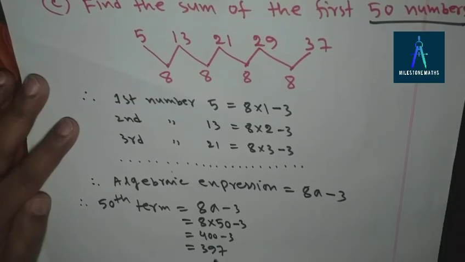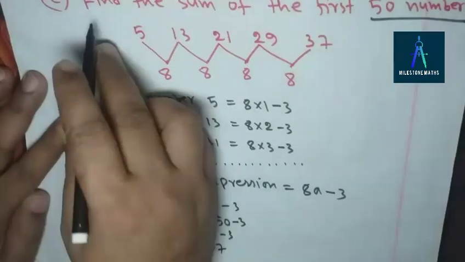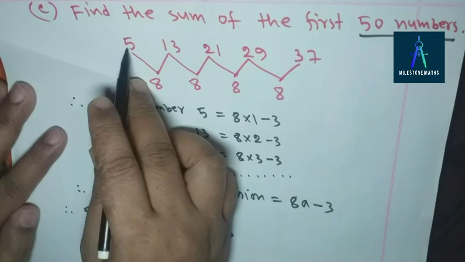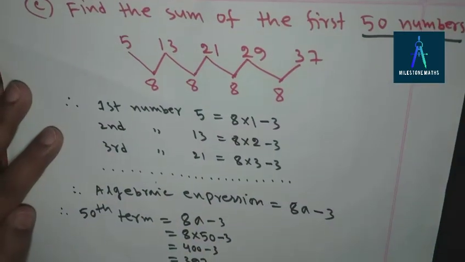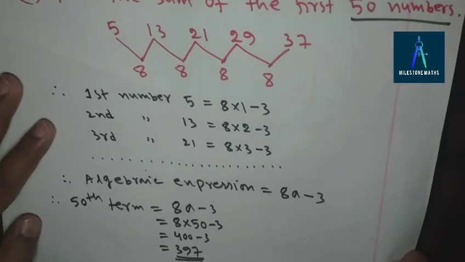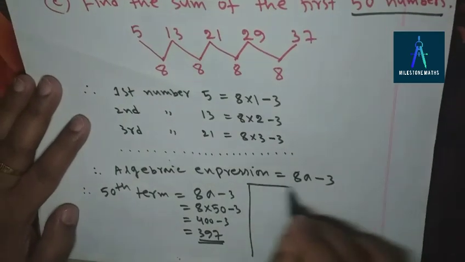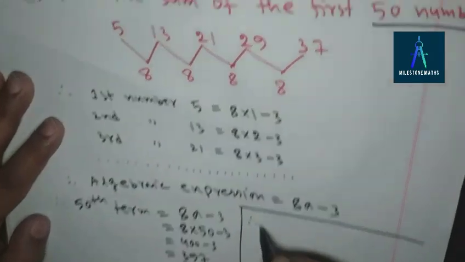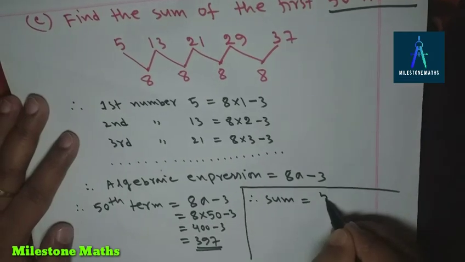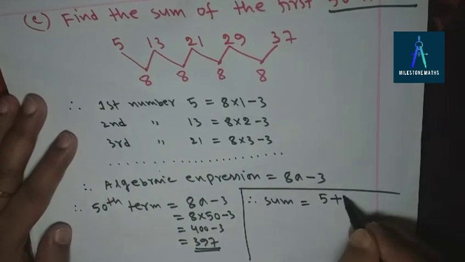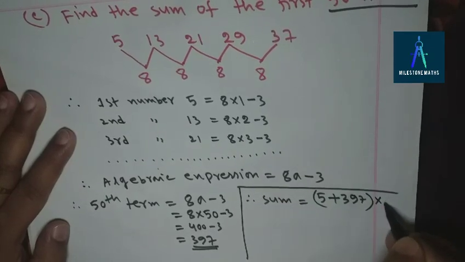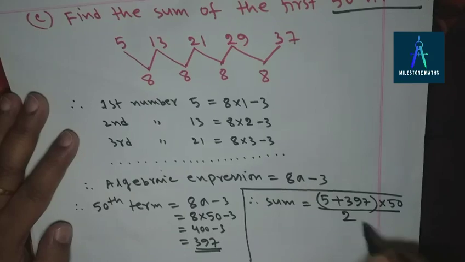This is the 50th term, but our question was find the sum of the first 50 terms. So our first term is 5 and the last term is 397. So we know the formula of sum: sum equal to first term, that means 5, plus last term, that means 397, and number of terms is 50 here, divided by 2.